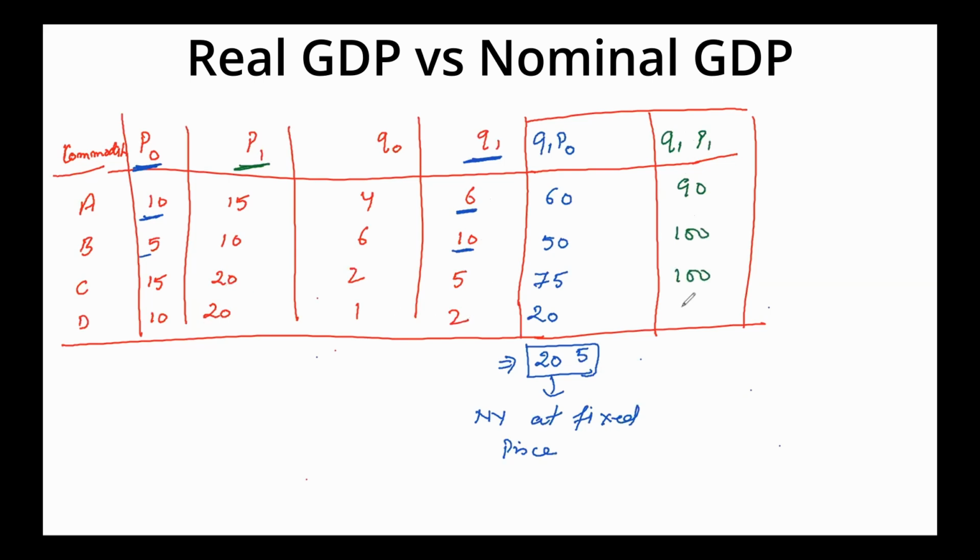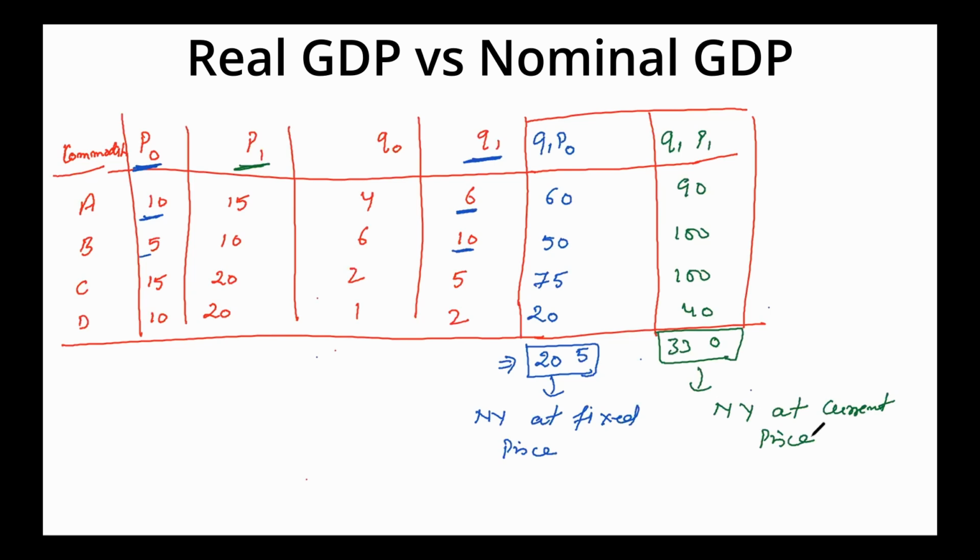Now the sum of these is 330. So this 330 will be called national income at current price. So I hope that you can now distinguish between what is national income at fixed price and what is national income at current price.